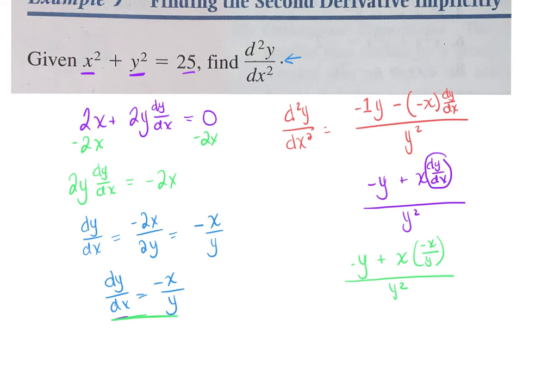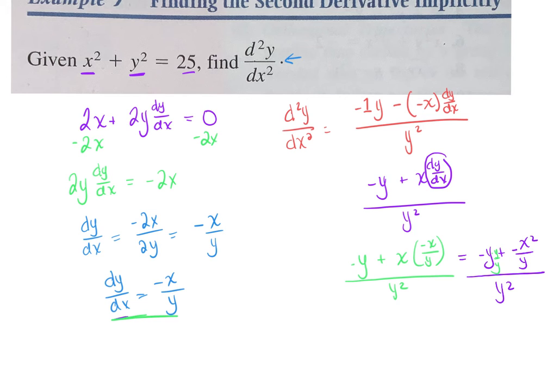Now, let's do a little basic algebra up here, okay? We are going to multiply these, right? So we have negative y plus negative x squared over y, all over y squared, okay? I need a common denominator to combine those fractions up there. What is my denominator? y. So I am going to multiply this top and bottom by y, right?